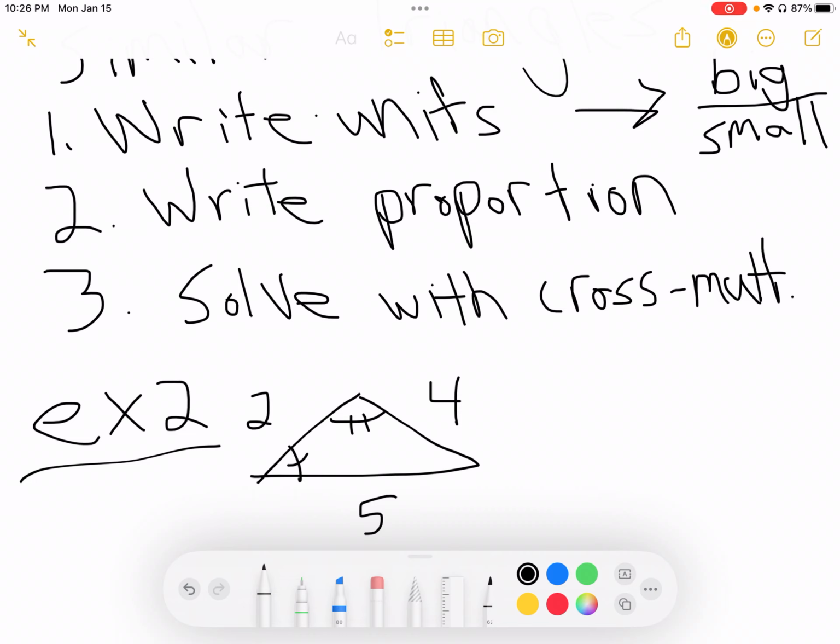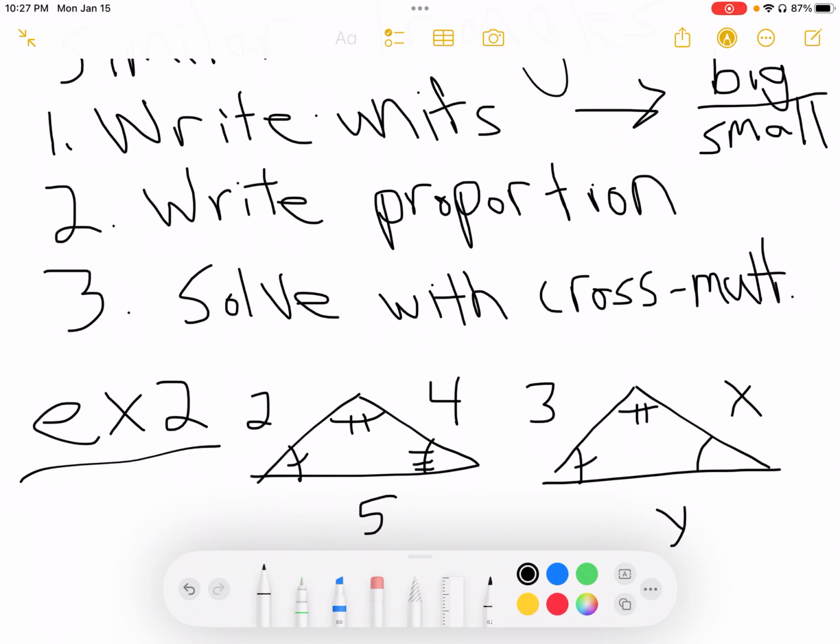So I have 1 here, and then I have 3 written over here. It just means that when I draw the second triangle, I have a 3 written for this side, and then I have an X over here, and then I have Y. They have the same angles written for me with the same tick marks. It means that they're set up and they're just scaled.